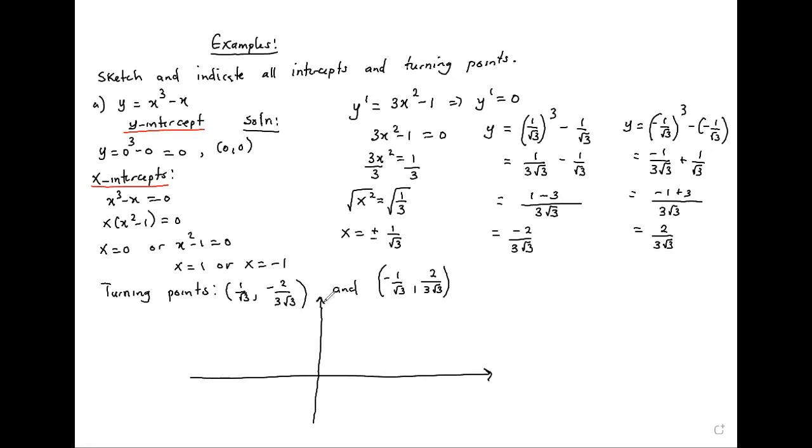How many turning points and how many intercepts do we have? We have 3 x-intercepts: -1, 0, and +1, with the y-intercept being the one at 0.